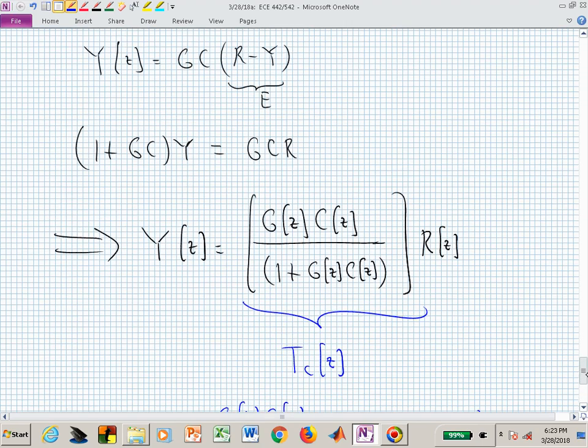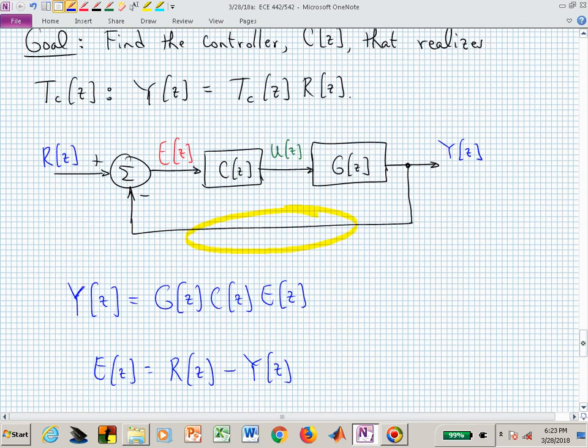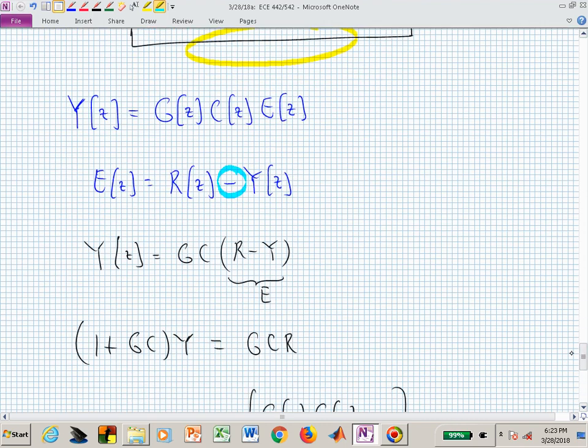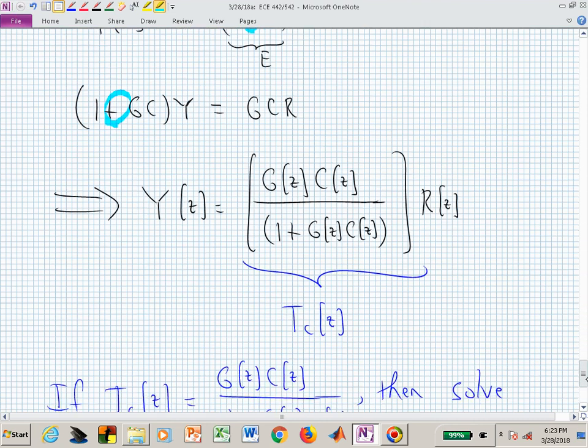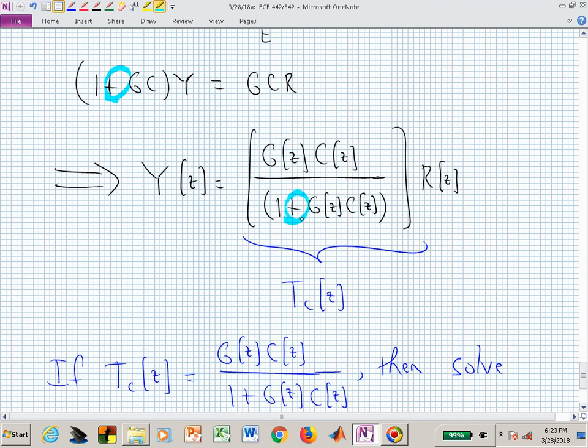That block diagram had that negative sign. And that negative sign was really right here, and that translates over there to that plus sign, so that negative feedback gives us a denominator of 1 plus G sub C, G of Z, C of Z.